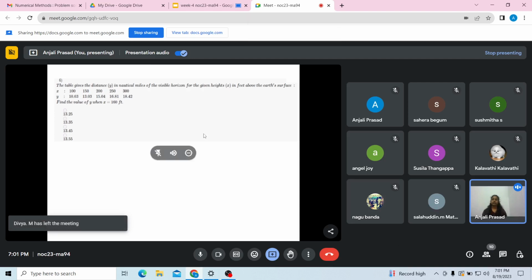Solve it using any of the methods, either by the shift operator method that we have just discussed, or you can use Newton's backward difference operator or forward difference operator. Using any of the methods, calculate the value of y at x equals 160 feet.